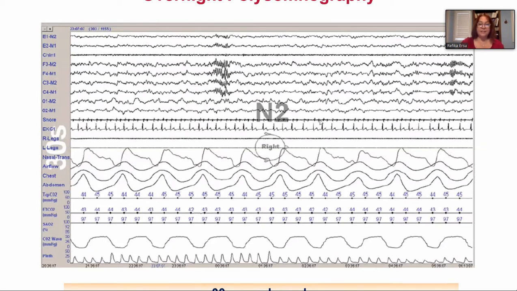You look at the ECG, snoring, and we look at the airflow with the nasal cannula and the thermistor, and we look at the chest and abdominal movements, transcutaneous CO2, end-tidal CO2, saturation, and the carbon dioxide waveform from end-tidal CO2 also gives a surrogate of the airflow signal, although it's not recommended to use as an airflow signal.